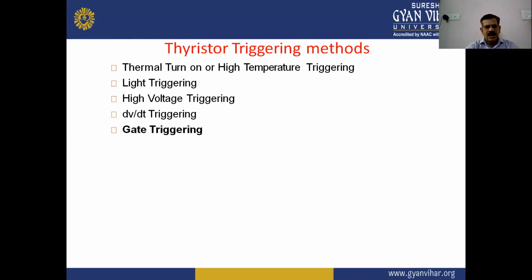Second is light triggering, third is the high voltage triggering method, fourth is the dV/dt triggering method, and the last one is the gate triggering method. So there are a total of 5 types of triggering methods. With the help of these, we can turn on the thyristors from the off state to the on state.